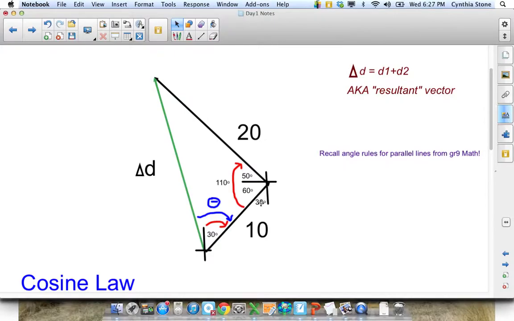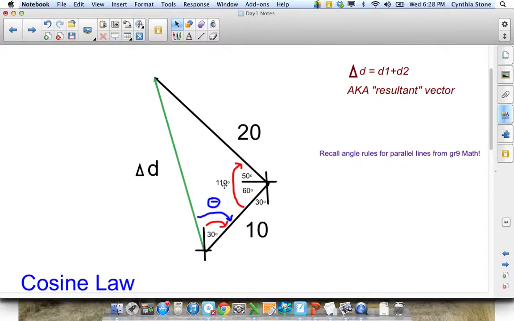So I've got 30 degrees right here. And these 2, of course, have to add up to 90, so that makes this 60. So what I'm trying to do is find the angle measure that's across from what I'm looking for, which is delta d. So this ends up being 110, because the 50, I told you that earlier, and this is 60 because these 2 have to add up to 90. So I have 110 degrees right here.